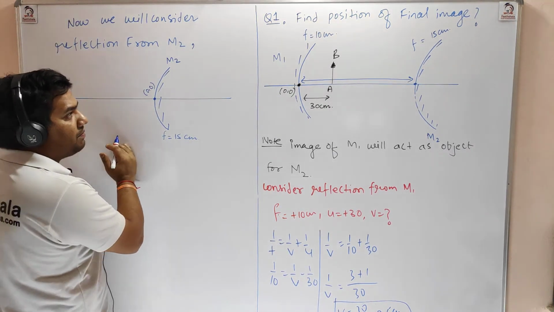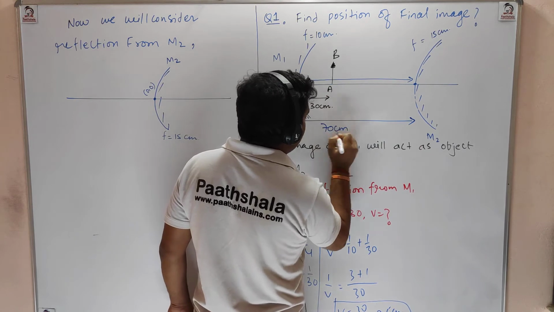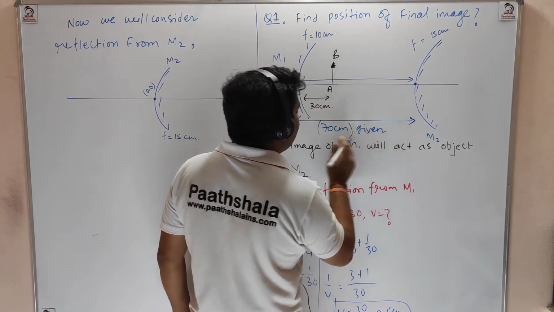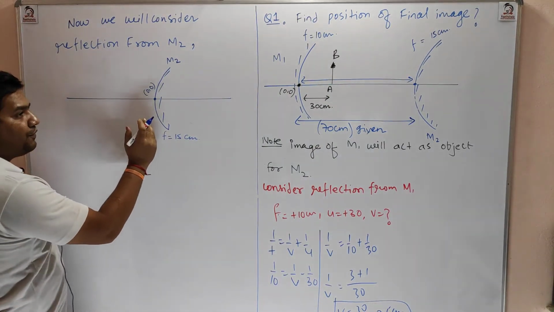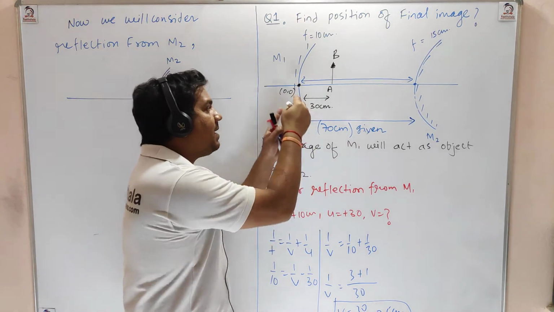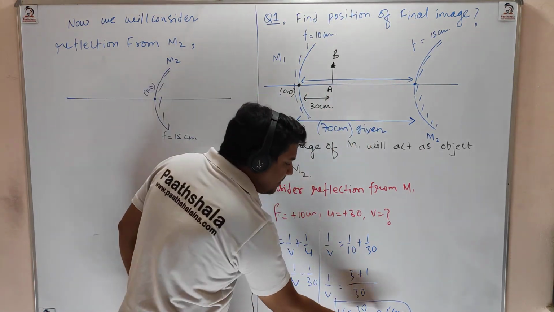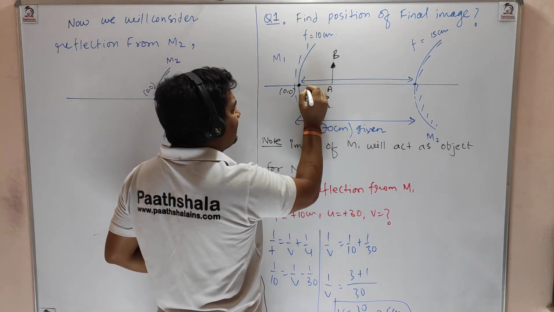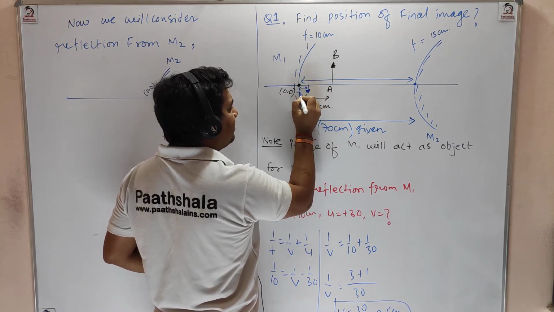What is the object distance? The distance between the mirrors I already gave you, 70 centimeter. It is given, right? Now what is the distance of the image of the first mirror from M2? See, we got the first image at 7.5 centimeter.